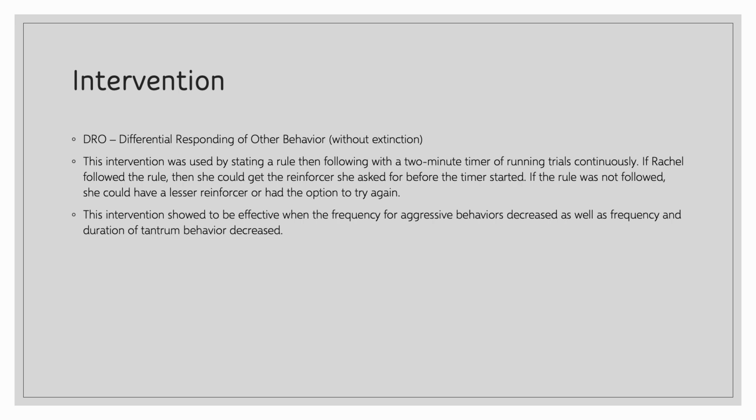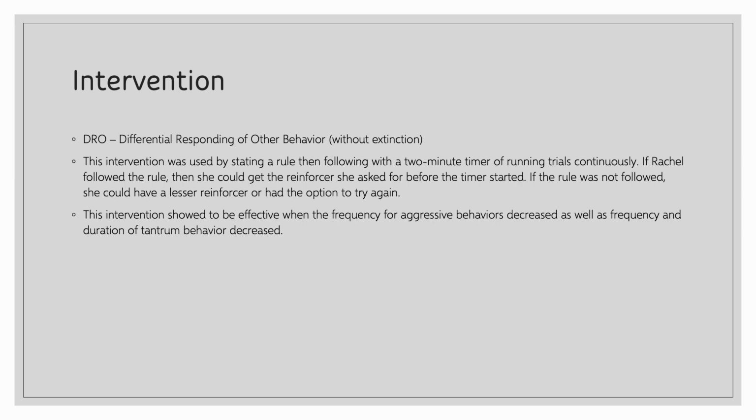This intervention was used by stating a rule and then following that rule with a 2-minute timer of running trials continuously. If Rachel followed the rule, then she could get the reinforcer she asked for before the timer started. If the rule was not followed, she could have a lesser reinforcer or had the option to try again. So if we did it with extinction, she wouldn't even get the lesser reinforcer.